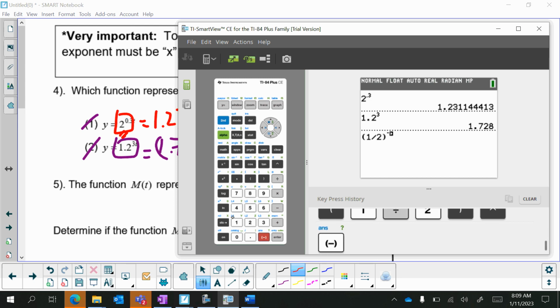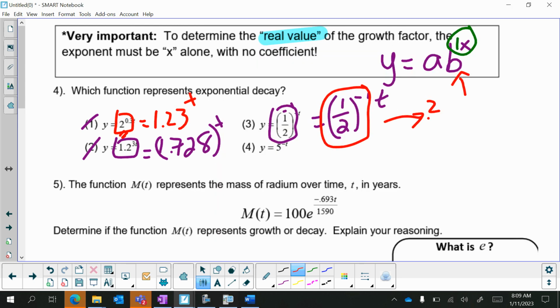But you guys should know that that means the reciprocal of the base. So you actually get 2, because this is really 2 over 1 to the 1t. So this is actually growth, even though you maybe thought it was decay because it was a 1/2. Because it's 1/2 to the negative 1, it's really 2. So this is also growth, so it's out.